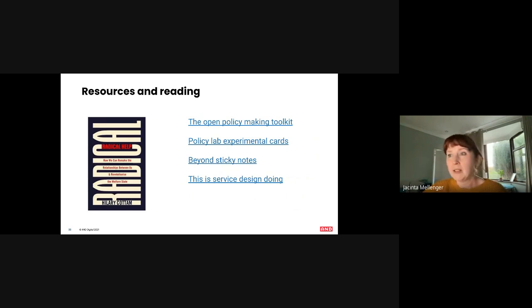And another book that I'd recommend is Kelly Ann McKercher's Beyond Sticky Notes. This is a really nice guide to co-design, mindset and methods, and it's got a really good quiz in it called But Is It Co-Design?